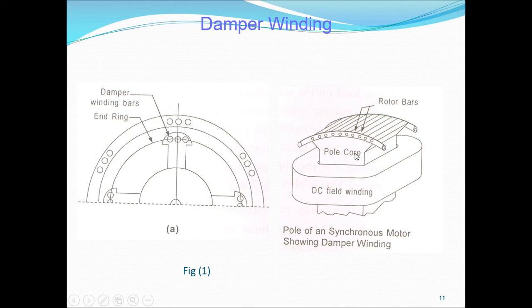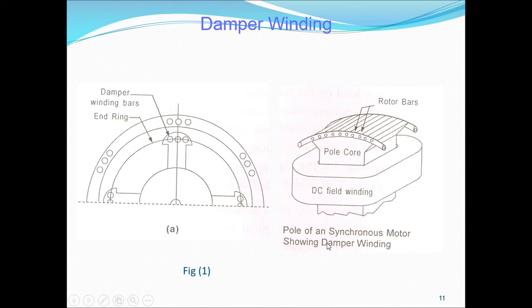On this pole core we have placed bars. This is the rotor winding, and here we placed the DC field winding on the rotor pole. Here we have the DC winding to give the DC excitation.